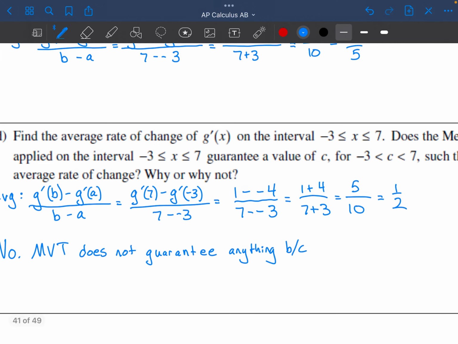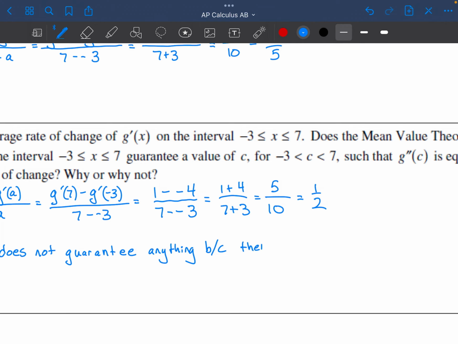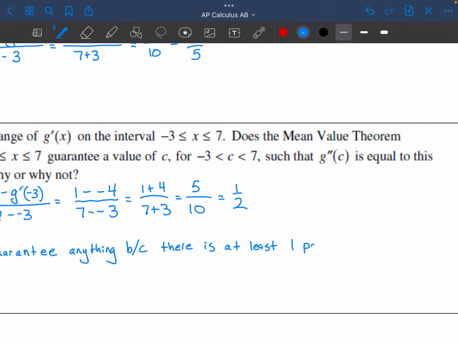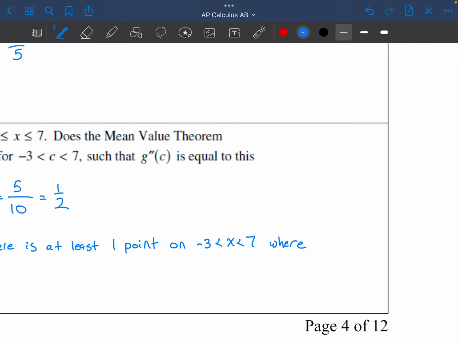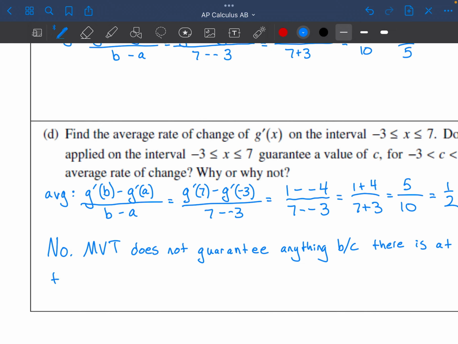Why? Because there is at least 1 point on that interval, and I'll just rewrite that interval, -3 is less than x is less than 7, where, I'll just come down to the next line at this point, where the function is not differentiable.